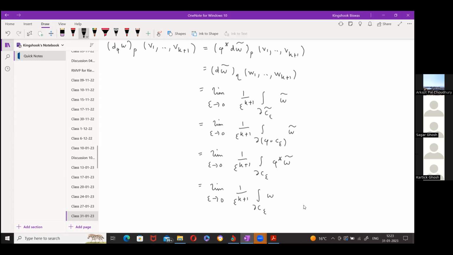So this last expression here is independent of the choice of chart phi. This does not involve the chart phi in any way. Is that clear?